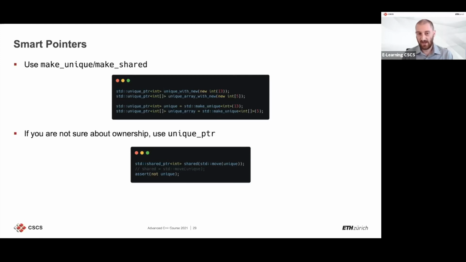The user, in case, can convert it to shared by just moving the unique into the shared pointer. And at that point, the resource becomes shared, and the user knows that he has to deal accordingly, because if he wants to share it with different threads, he has to manage also the race conditions.